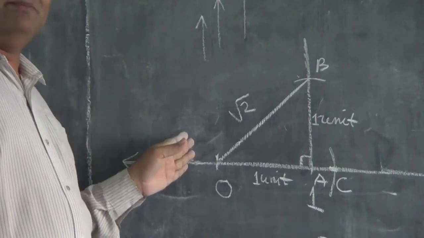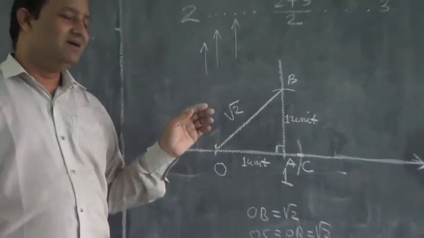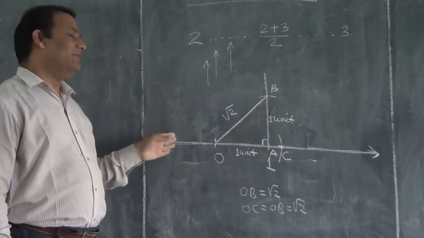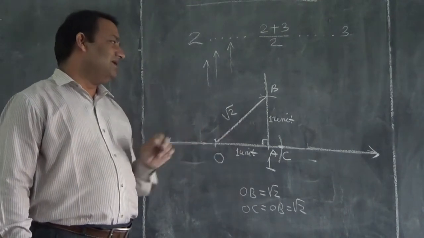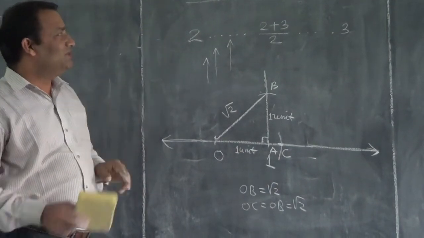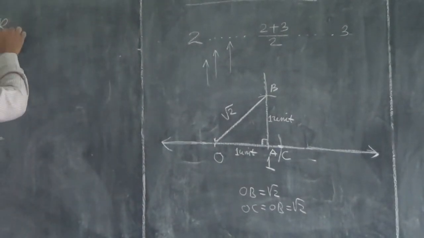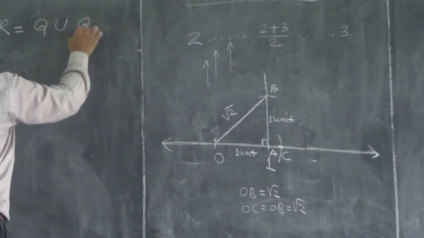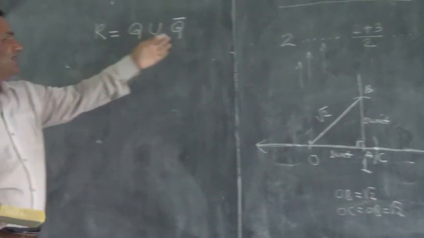So all the rational numbers and irrational numbers can be represented on the number line, and at that time we use the term real number line. A number line on which all the numbers, rational numbers and irrational numbers, are represented. And we use the term R for real numbers. R equals the union of rational numbers and irrational numbers.